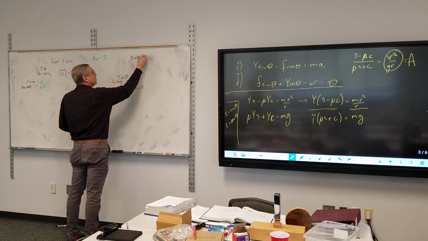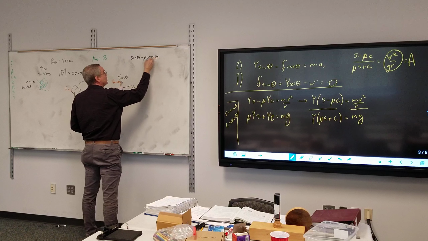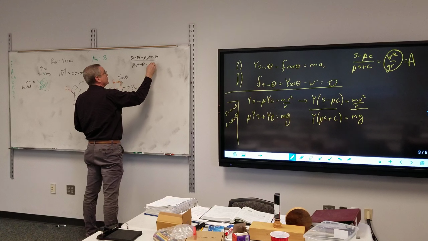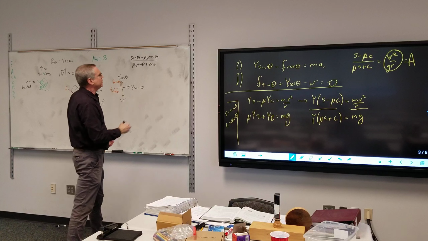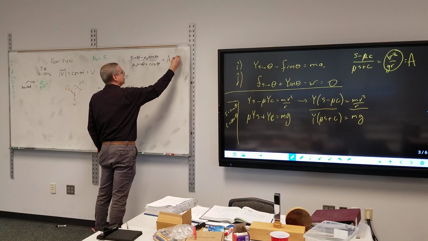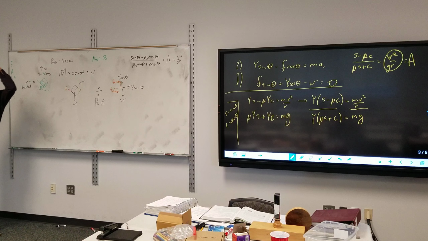Sine theta minus mu s cosine theta over mu s sine theta plus cosine theta is equal to A. How do you solve for theta?